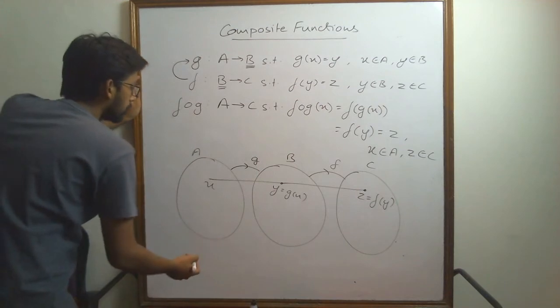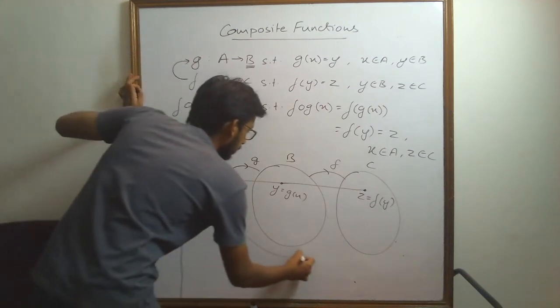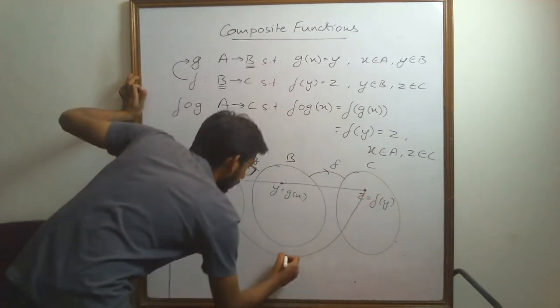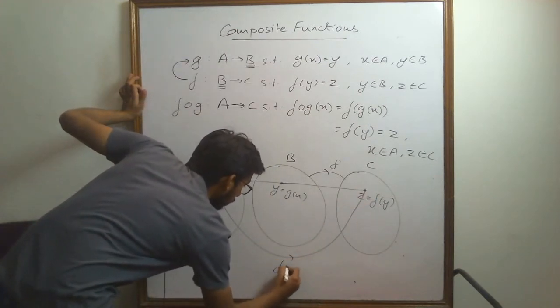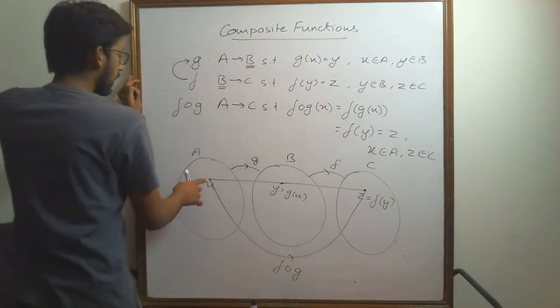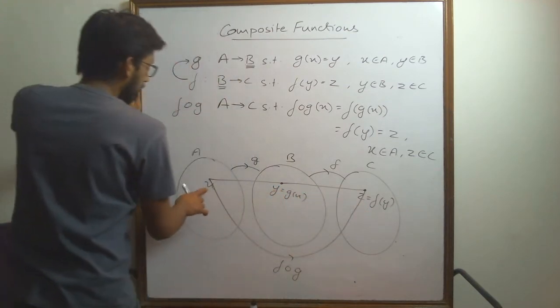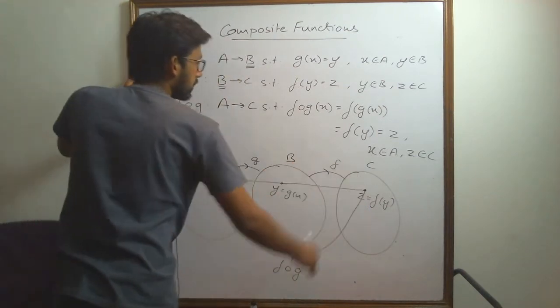Then under the composite function FOG, x is directly related to z. So the composite function is directly relating the first set to the third set and the elements of the first set to the elements of the third set.